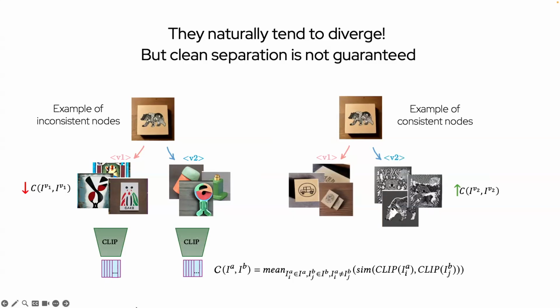So we simply generate a bunch of images and encode them with CLIP. And then to recognize if this is a random or incoherent set, if the CLIP similarity of all the pairs is low, this means that this just depicts a random concept and vice versa. So we have a way to filter that. And then in around half of the cases, we converge to very nice separations naturally.